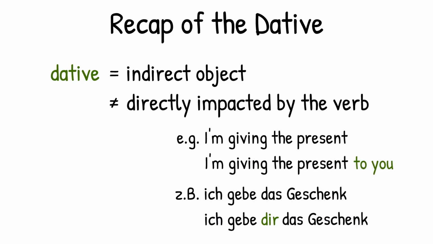In the second German sentence, the dir, which is a dative pronoun, is affected by the verb geben, but only indirectly. It is not the thing or the person being given, but rather it is the thing or person to which or to whom is being given.